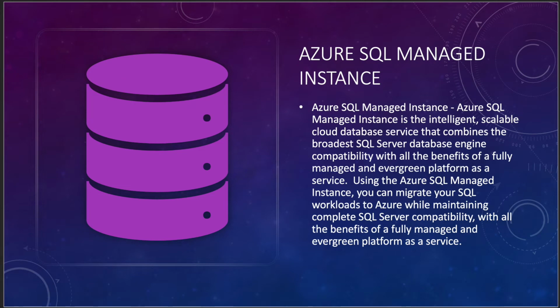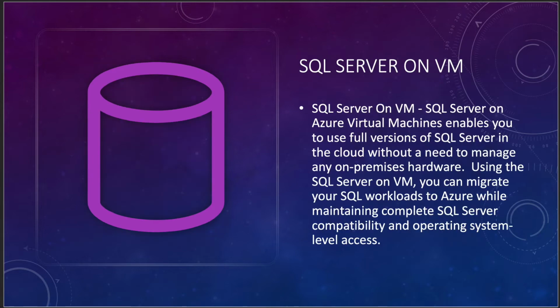Azure SQL Managed Instance is a little bit different, right? This is an intelligent, scalable cloud database. It's the broadest SQL Server engine compatibility, but really, you're using this with the SQL Managed Instance process to migrate your SQL workloads to Azure while maintaining all that SQL Server compatibility. So again, it's a fully managed service, but there's your instance, there's your actual table and data and otherwise.